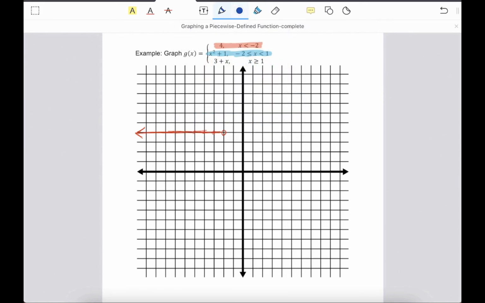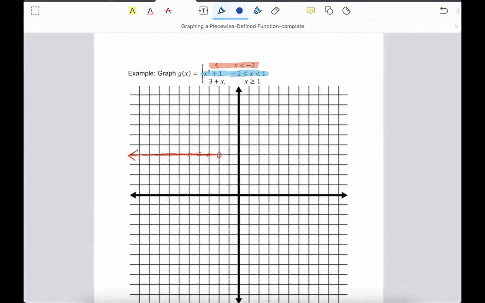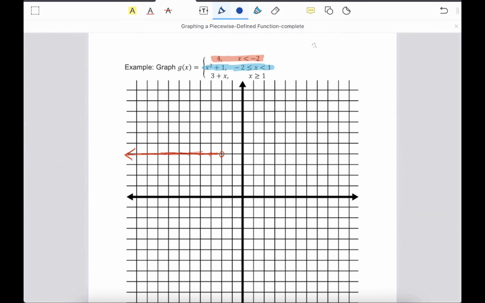So at -2, if x equals -2, g of -2 equals -2 squared plus 1. This is 4 plus 1, which equals 5. We get the point -2, 5. -2 up 1, 2, 3, 4, 5 right here.